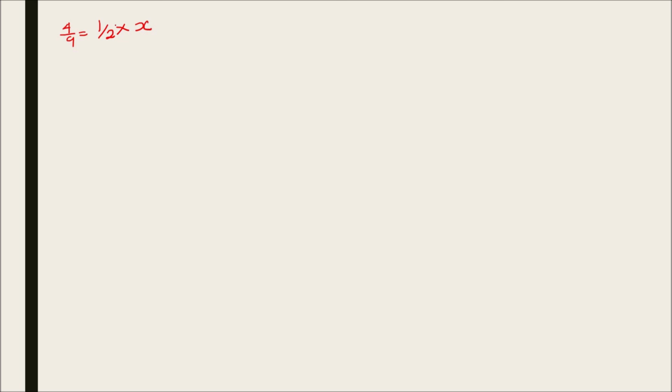We can simply clear by multiplying both sides by 2. If it was minus 1 over 2, we multiply both sides by minus 2. So if we want to clear 1 over n, we multiply both sides by n. If you're going to clear minus 1 over n, we multiply both sides by minus n.